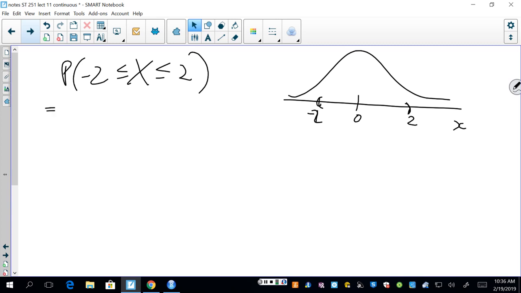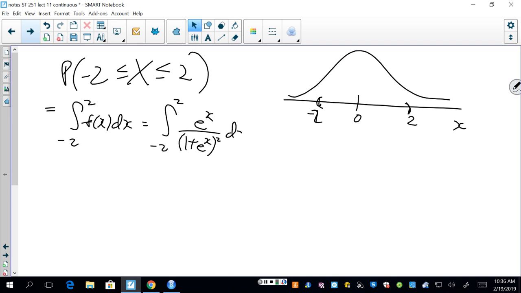Or you do the integral over that space, over that line, of the density. And so we could do the integral of this e to the x over 1 plus e to the x, squared, that density.